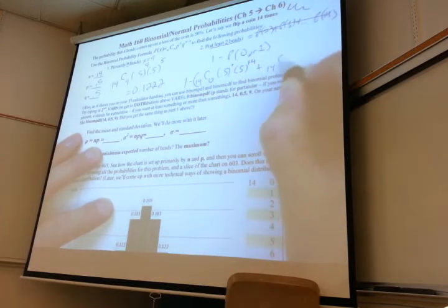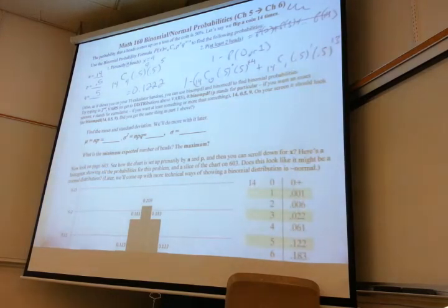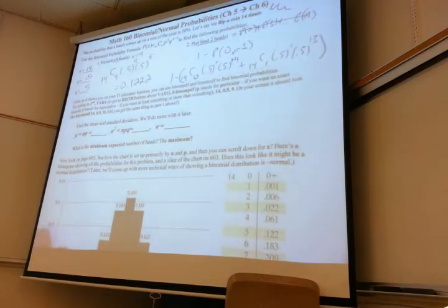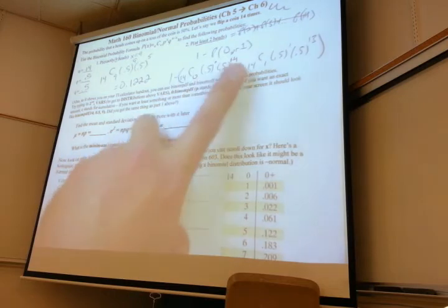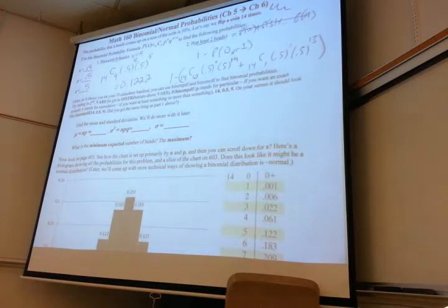And 14 choose 1, 0.5 to the first, 0.5 to the 13th. Is that cool? 1 minus 0 or 1. So as I say it in English, you can actually see how it's set up in that equation.